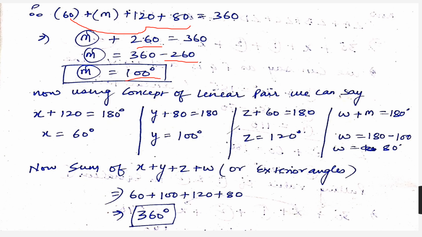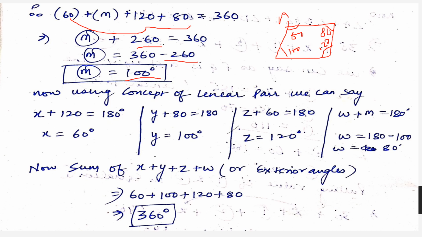So in that quadrilateral we have got all the interior angles, in which angle A we got as 60, M we have found as 100, the third angle was 120, and the fourth angle is how much? 80.